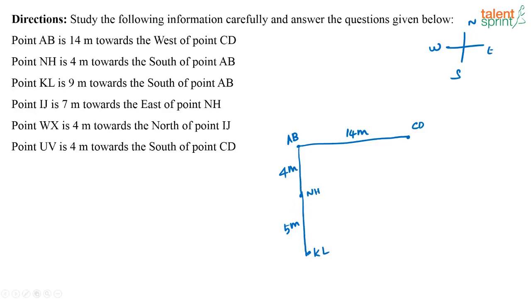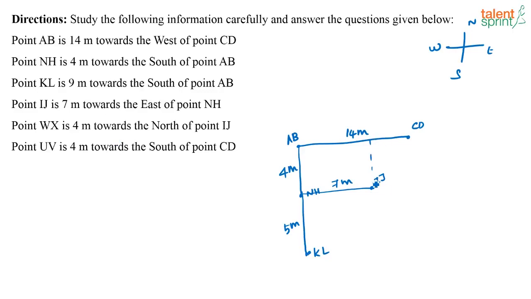Next, point IJ is 7 meters to the east of point NH. Point WX is 4 meters to the north of point IJ.